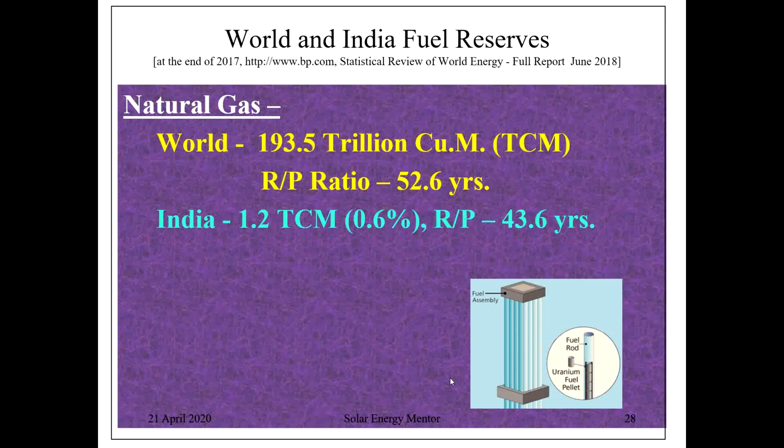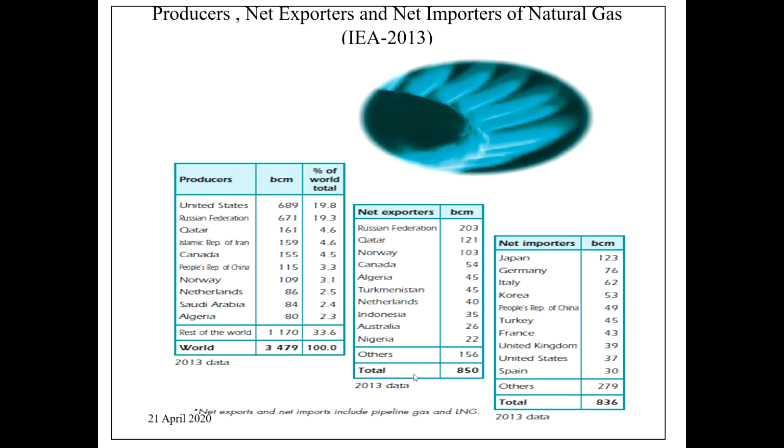So again, we don't have a lot of gas with us. Our R/P ratio, reserves to production ratio, is 43.6 years. United States has the highest natural gas reserves, followed by Russia and Qatar.